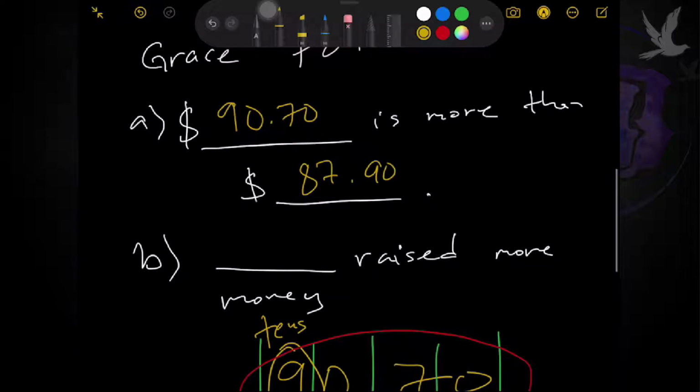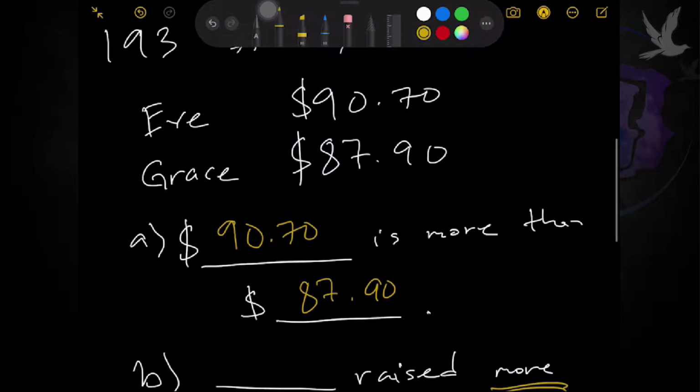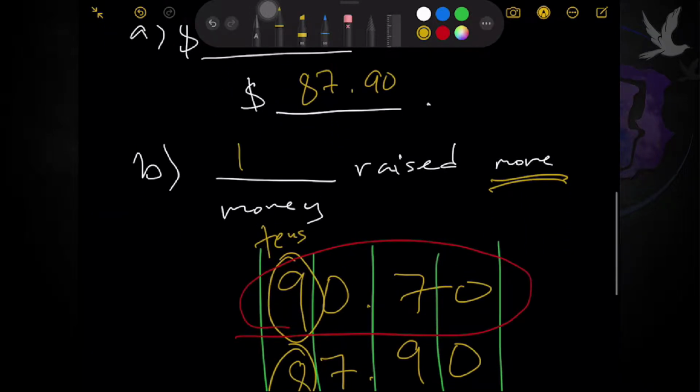Then it says here that blank raised more money. Who raised more money? So who owns the 90.70? Eve raised more money. Okay? So this is basically what you are supposed to do with pages 193 to 196.